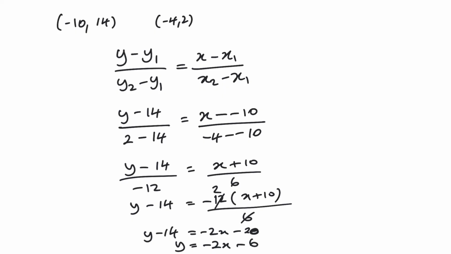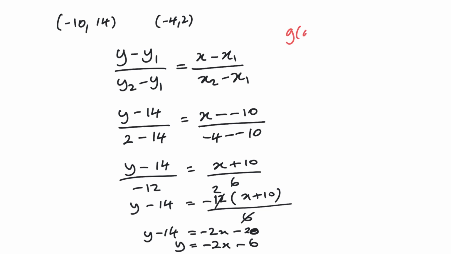So that's just another method. I mean, I personally prefer to just find the gradient first and then use y minus y1 equals m times x minus x1. My personal preference, but for those of you who want another way, here is another way.